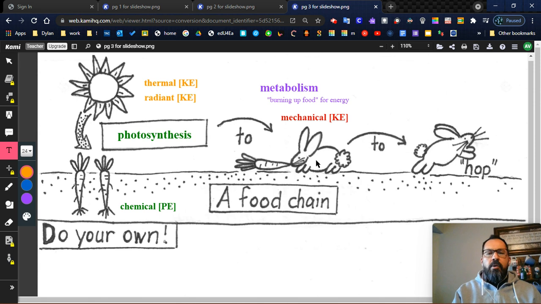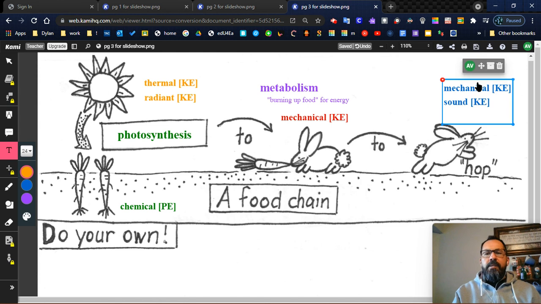All right, so now our rabbit's eaten. It has the chemical energy from the carrot inside of it, and it's going to use that energy to do a few things, like it says here, hop. Well, hopping is going to be mechanical energy. And if you're close by, you might even hear it moving around. That's also kinetic energy in the form of sound.